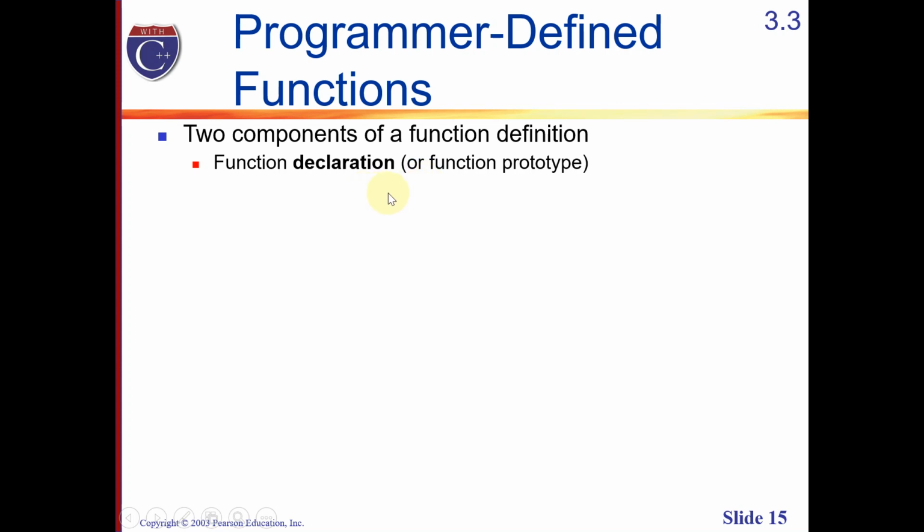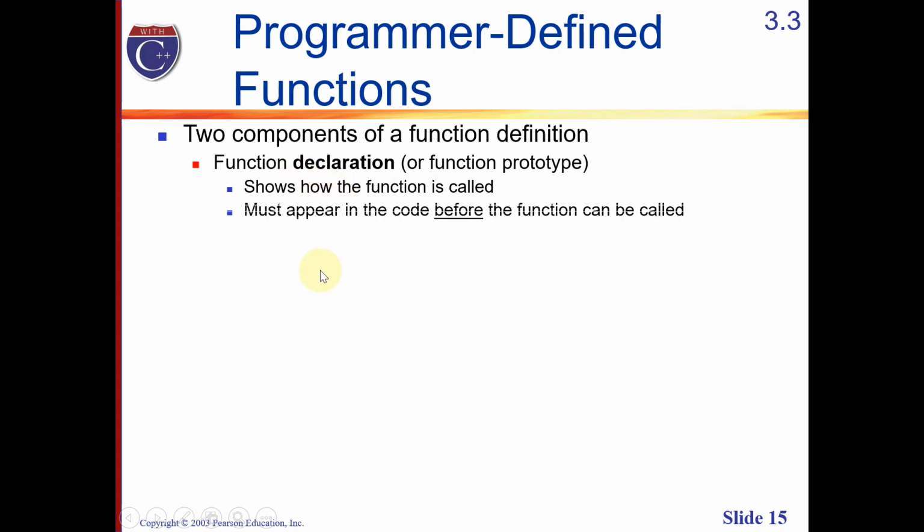When we say function declaration, this is the part which shows how the function is called. And the function declaration must appear in the code before the function can be called. The point is, we can't use or call a function that has not been declared.